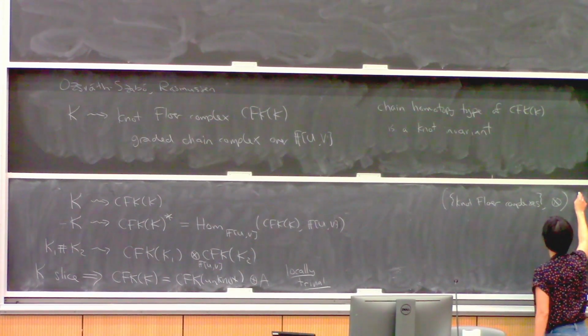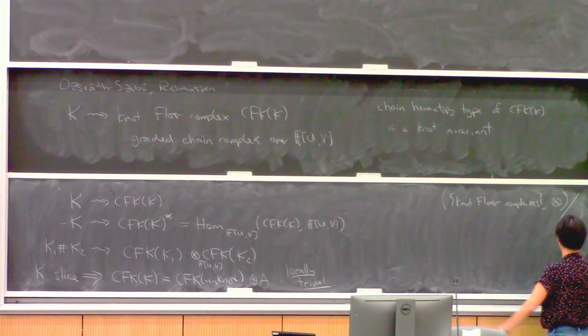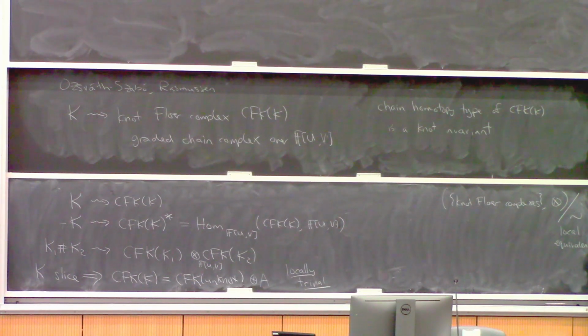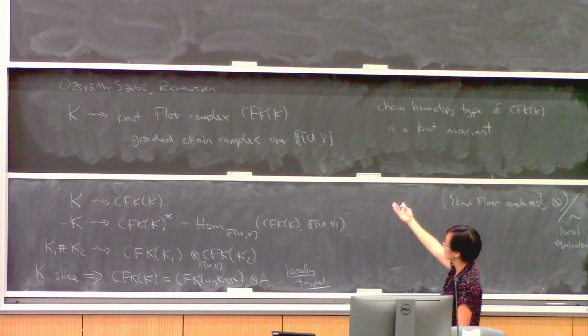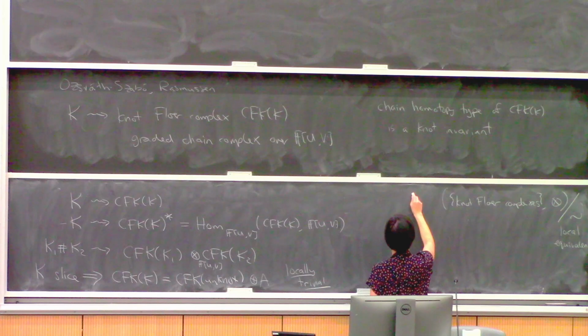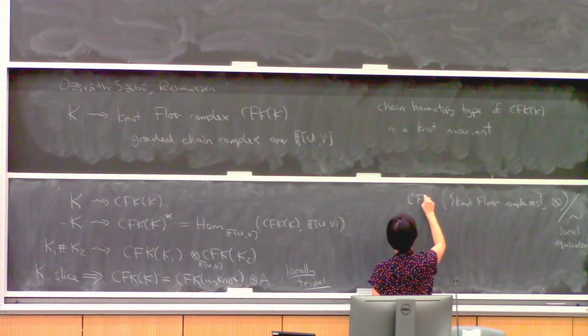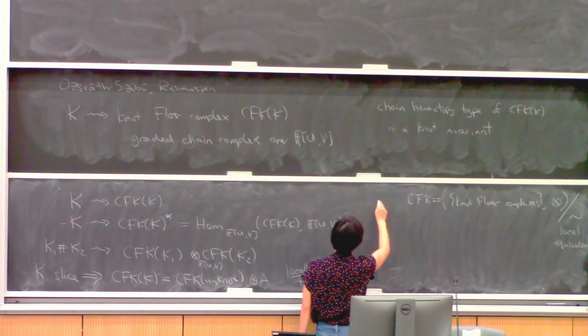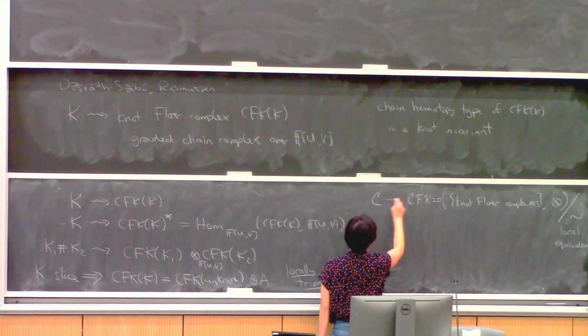And then we quotient out by an equivalence relation called local equivalence. Just like what happened over here, if we do this, we get a group, which comes from the knot Floer complex CFK, so I'll denote it this. This is a group.